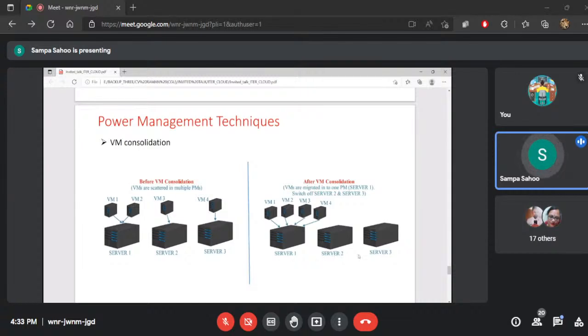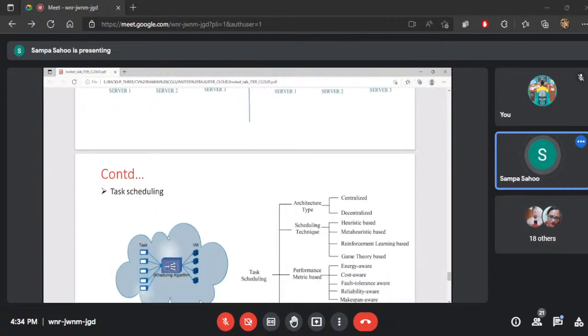Since server 2 and server 3 are empty, they can be switched off. In this way, power can be saved. To transfer VM 3 and VM 4 to server 1, VM migration is used, which is also a part of VM consolidation. So this is one of the power management techniques.